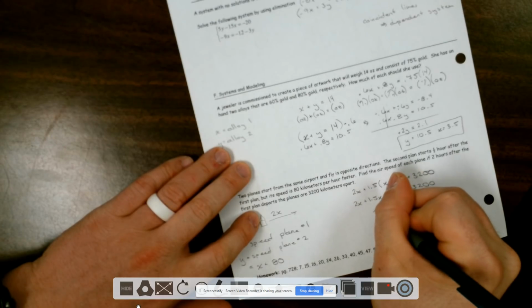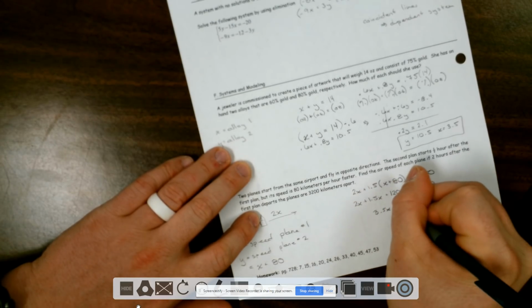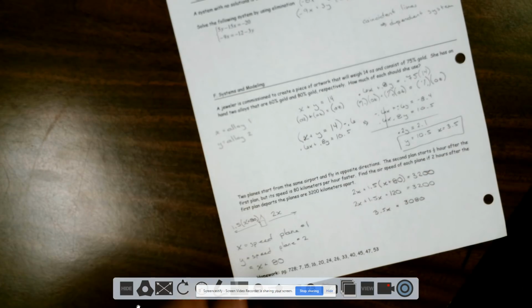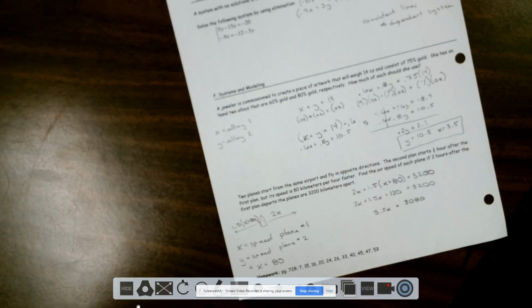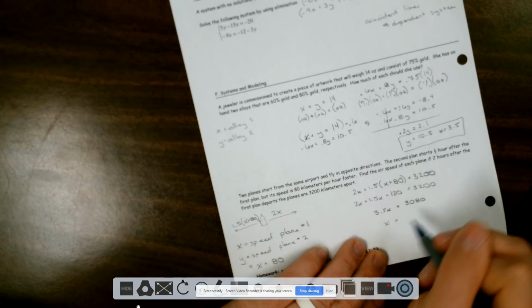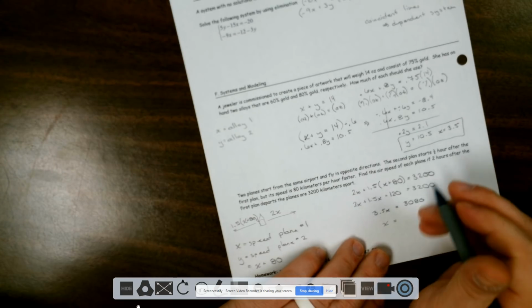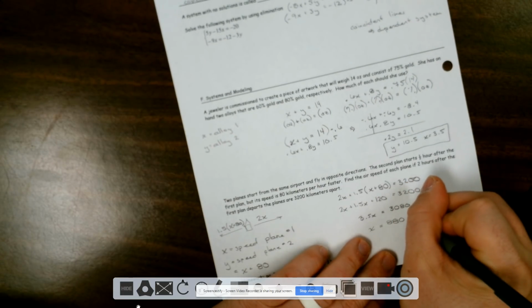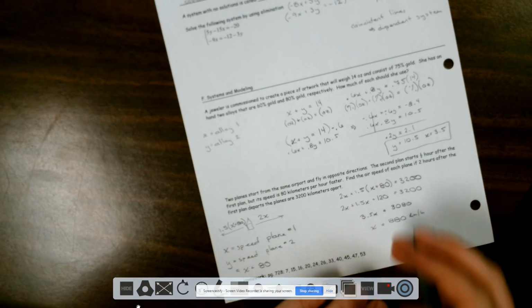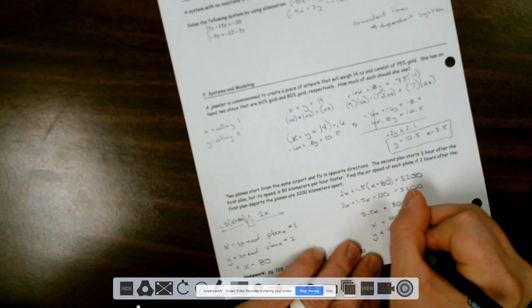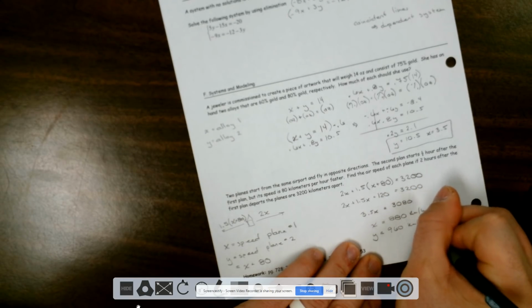So 3.5x is equal to 3,080, meaning if I divide 3,080 by 3.5, then x is equal to 880 kilometers per hour. And the second plane is traveling 80 kilometers per hour faster, so its speed is going to be 960 kilometers per hour.